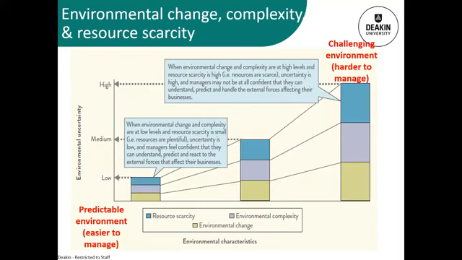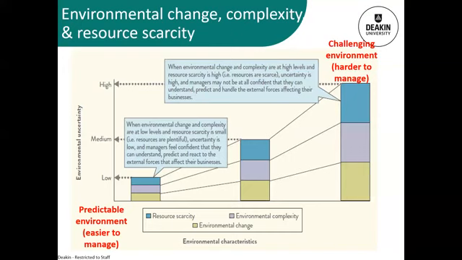Should you be hiring more people or laying them off? Should you be fixing interest rates now, or maybe buying your energy in a futures market? These are all much harder decisions to make. The higher the uncertainty, the more challenging the environment is for managers, as we've said. And again, it's much harder to manage.